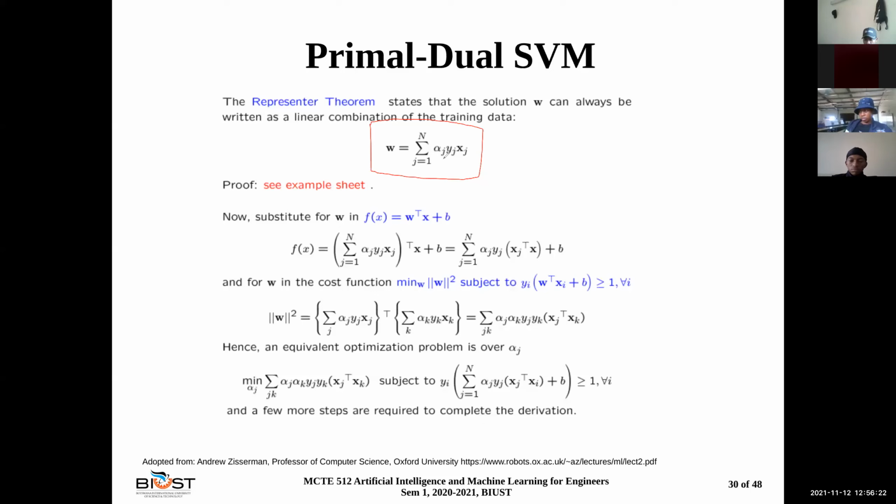Alpha can be a correction factor or some learning rate. We have to consider this equation as a way to check the value of your W, and then we continue.